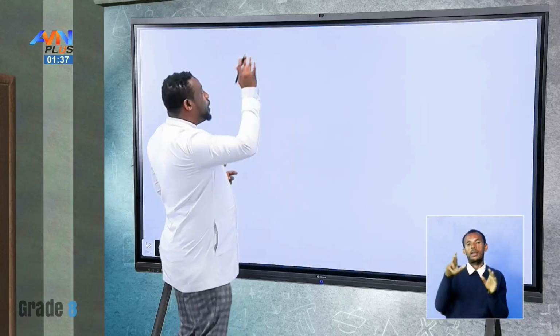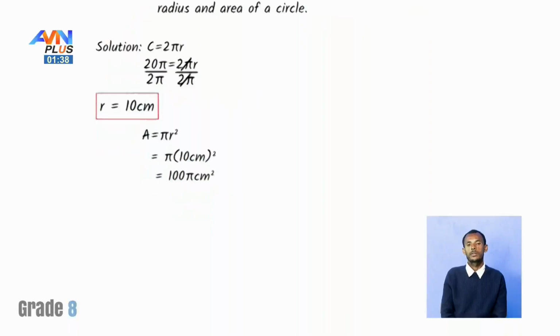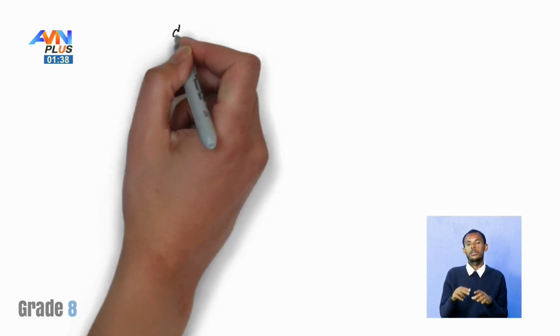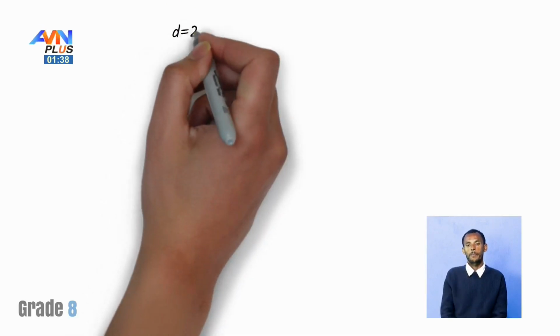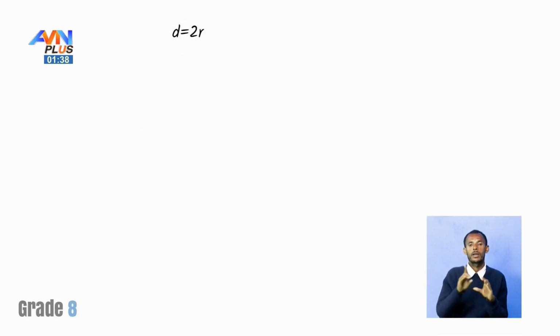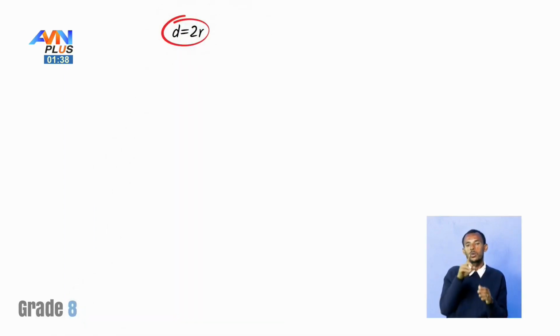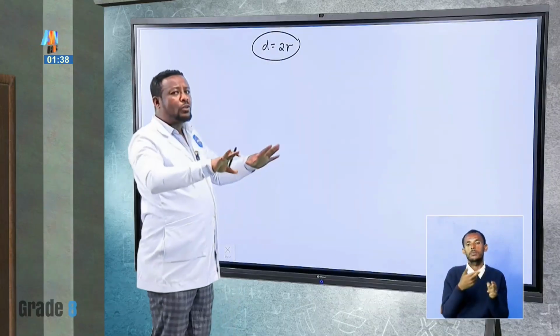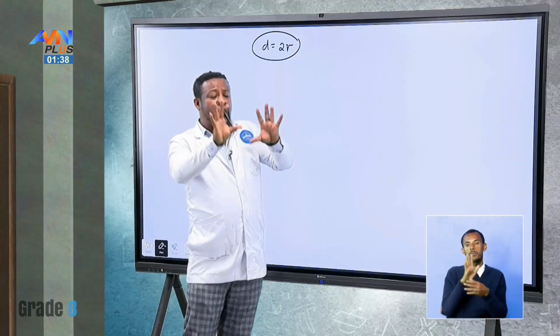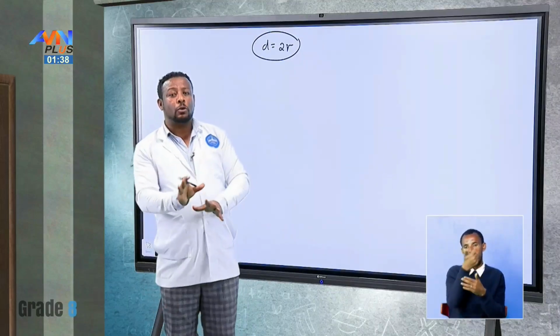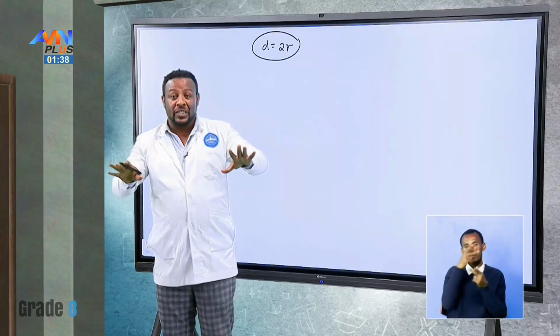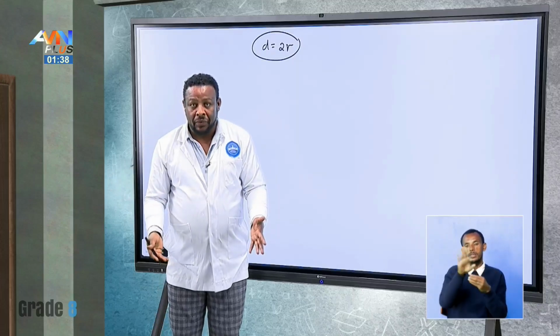So keep in your mind that the diameter is 2 times the radius, okay? You need to know this relationship. Without the need to prove it, if you sketch any circle, you can clearly observe that a diameter of a circle is twice the radius, right?